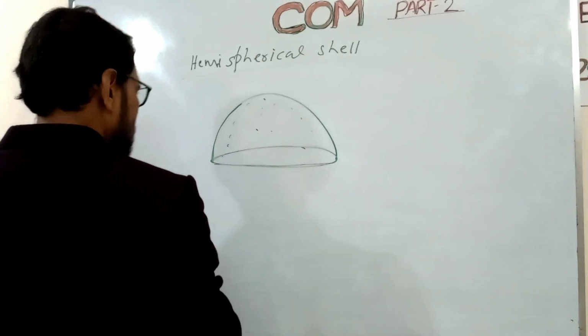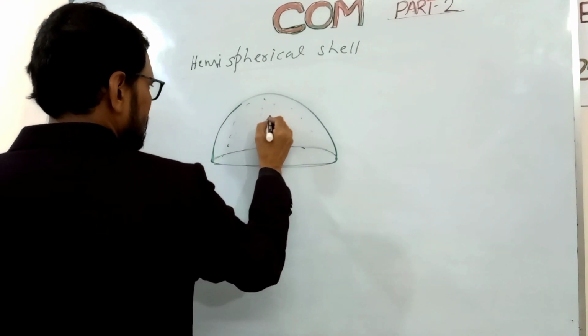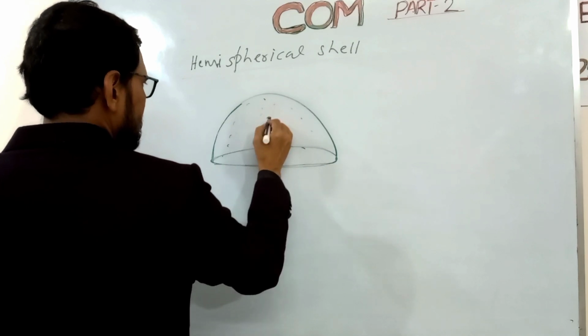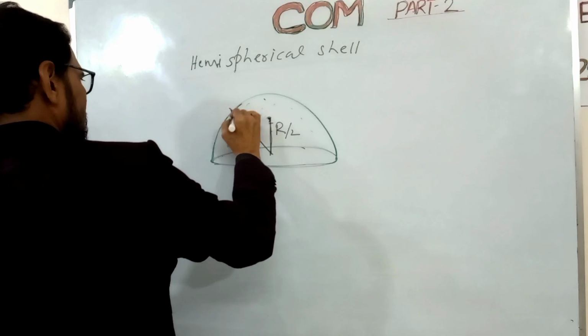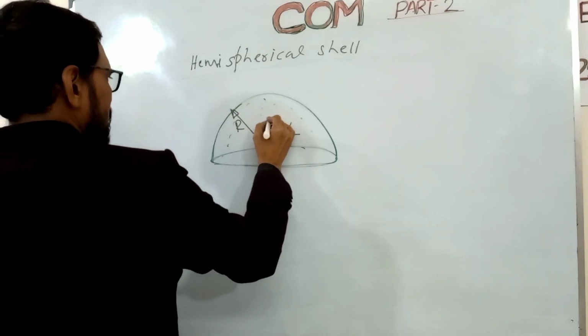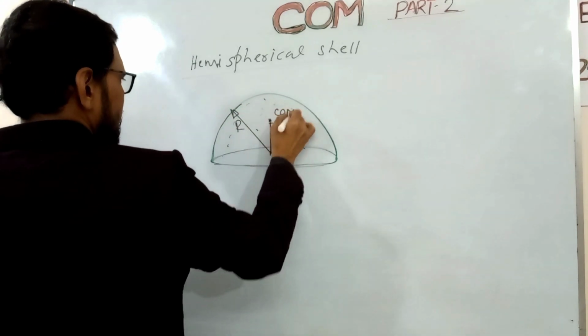Here the center of mass is present at this distance r by 2. If the radius is r, then the center of mass is present here at r by 2.